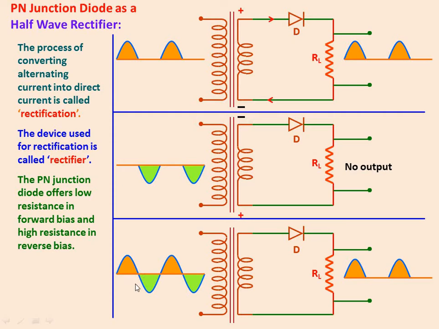For a complete cycle, look at the third figure: the input is alternating. So a half wave rectifier rectifies only one half cycle of the AC input, and an AC source along with a step down transformer is connected to a load resistance through this PN junction diode.